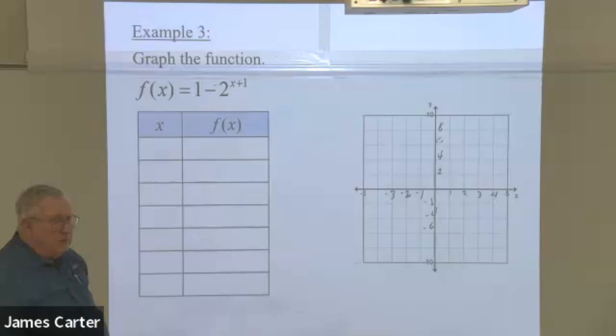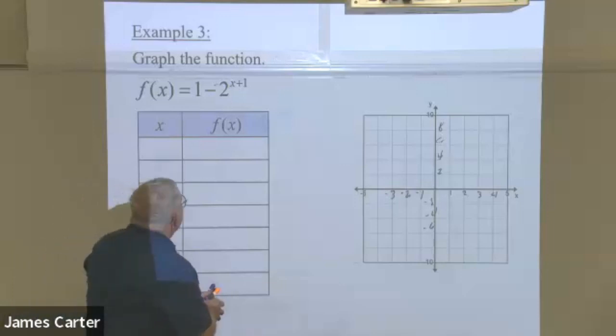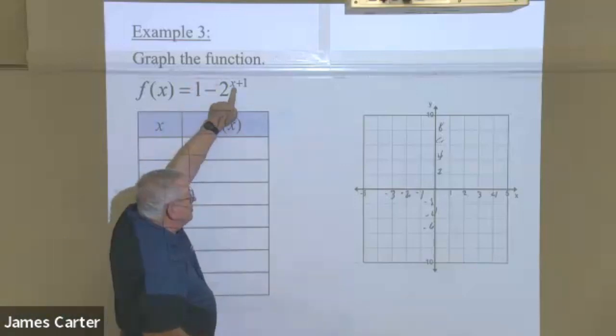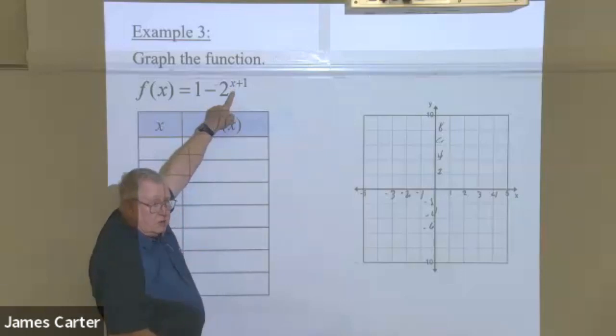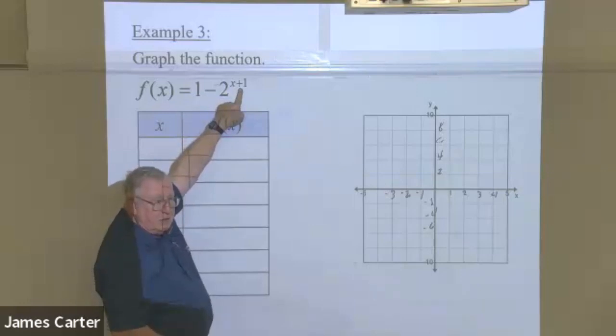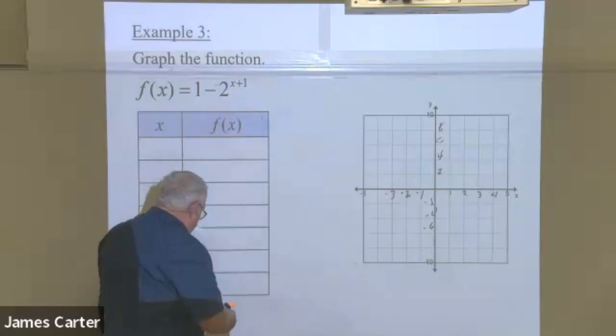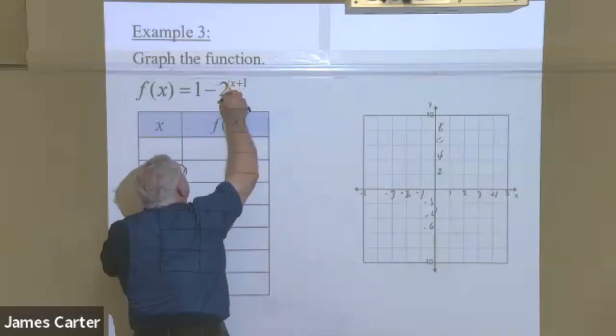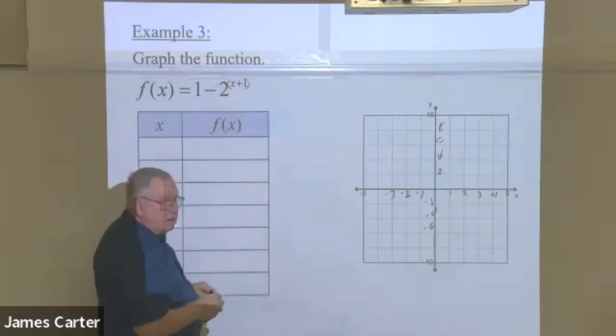We got a more complicated equation now. Basically, we're going to take 2 to the x, which we had on that last one, right? And we're going to shift it one place to the left. Because technically, there is a parentheses around that.